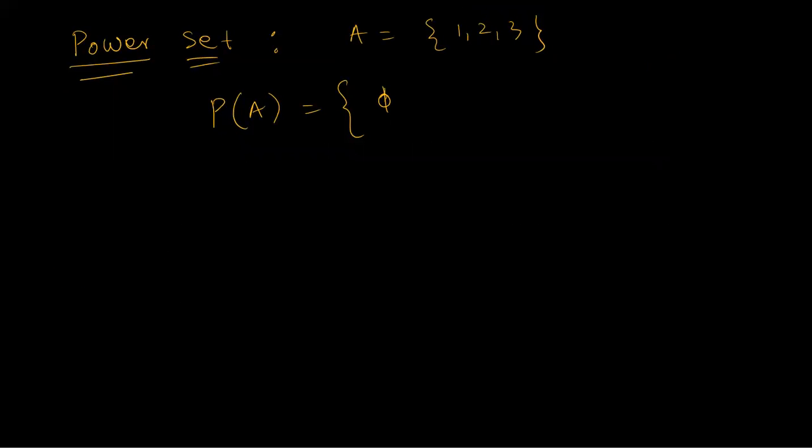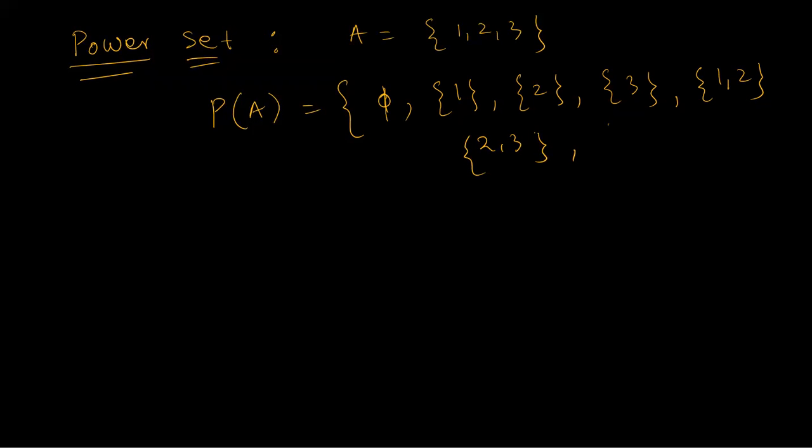Now, first is the empty set, and we can take each element and make a set. So 1, 2, 3, if we write them in curly braces, they will make sets. 1, 2, 2, 3, and 1, 3, and the set itself, that is 1, 2, and 3.